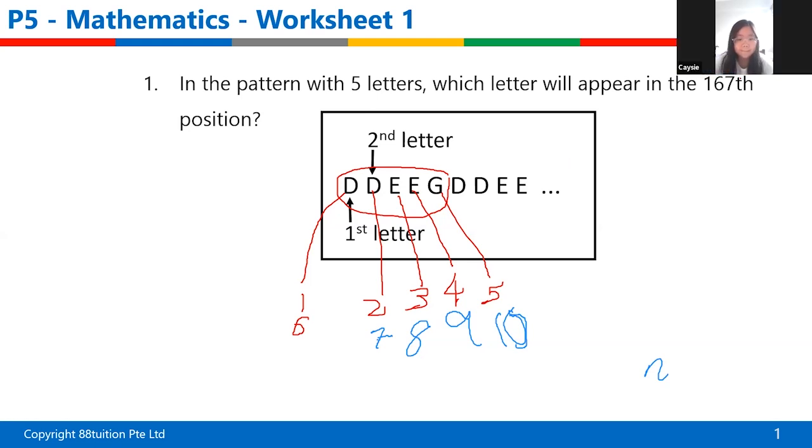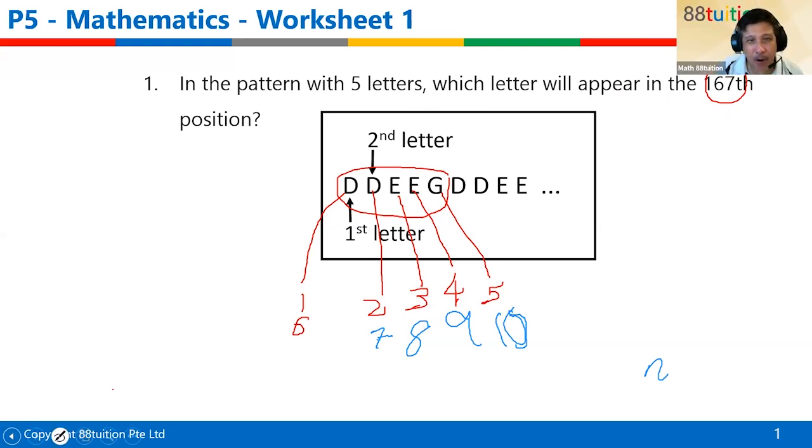So if our question is 167, what digit can you expect to see? 167 is in which place? Sorry, no, I don't mean that. I mean, according to where we have written, right? Now I lost my pen. I mean, as in, is it here?